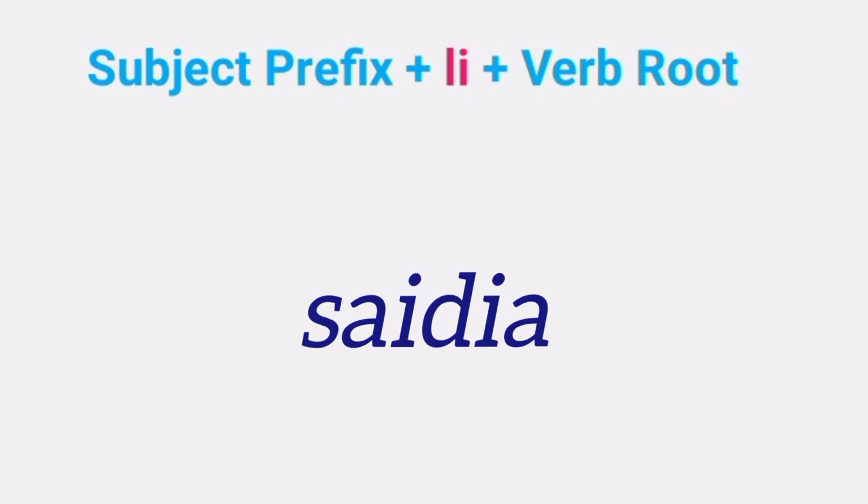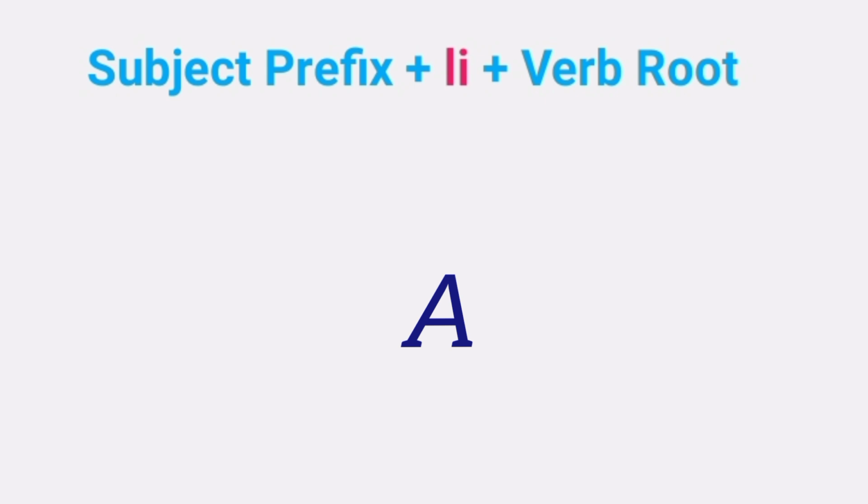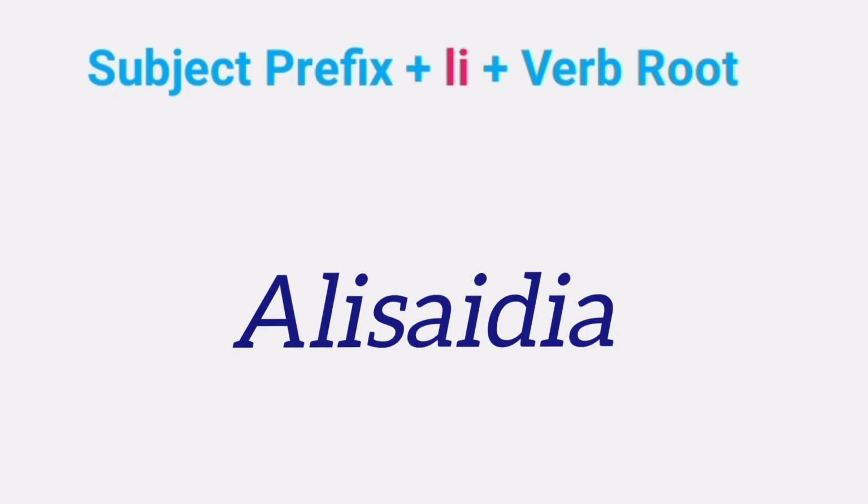To conjugate this in the complete past tense, we start by writing a, the marker linked to she or he, or yeye in Swahili. Then you add the prefix li, which is the prefix for the complete past action. We have now ali. Then we add the verb root saidia, and we get alisaidia, he or she helped.